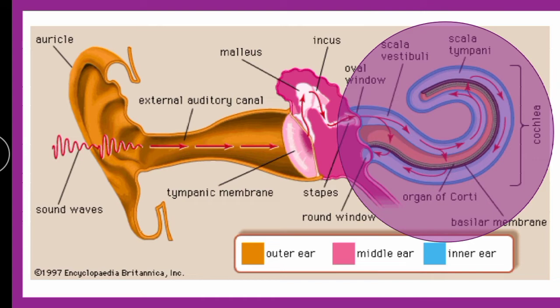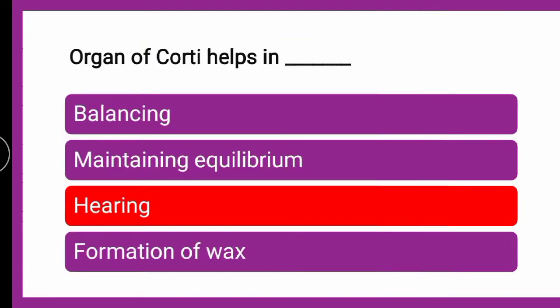So this is the conversion of mechanical vibration to the nerve impulse which reaches the brain. So the organ of corti basically deals with the hearing process, and whatever complete process I just now explained is nothing but the mechanism of hearing. So the correct answer is hearing. Organ of corti helps in hearing.